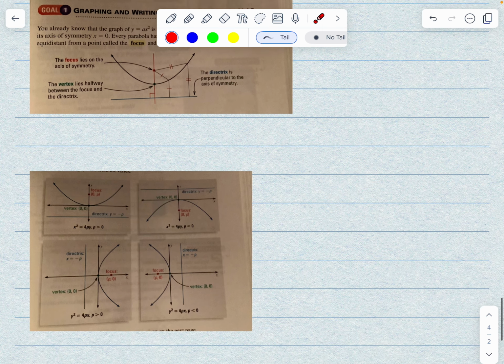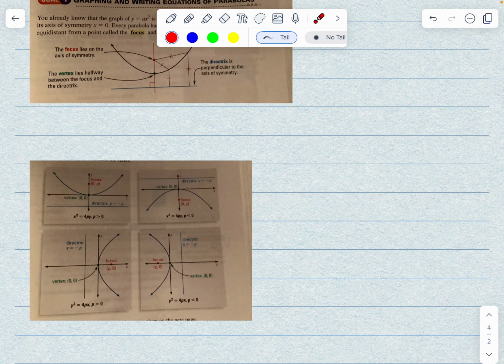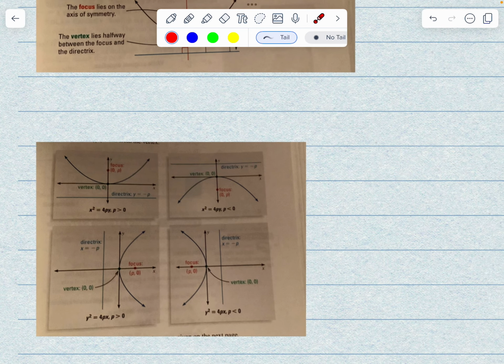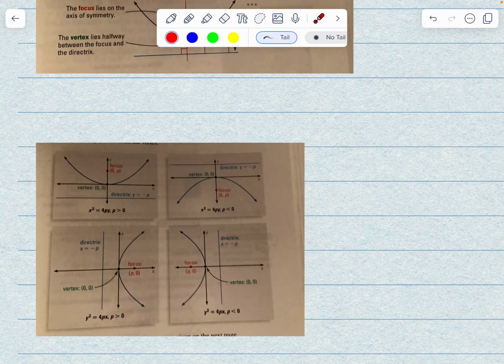Now let's look at some equations. So if you look at this first one, the equation is x squared equals 4py. Now where's the p coming from?